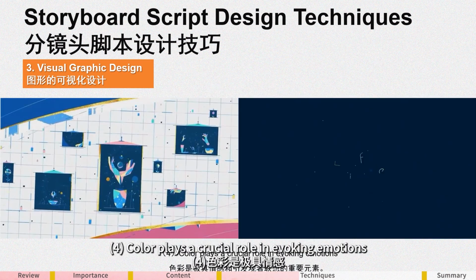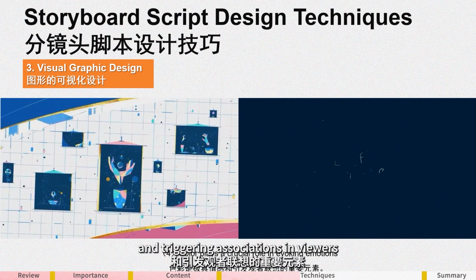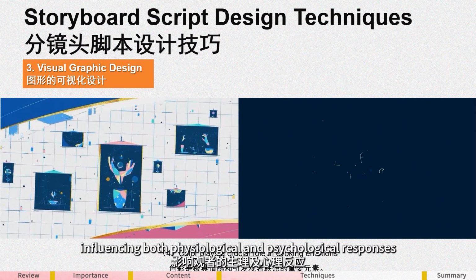Fourth, color plays a crucial role in evoking emotions and triggering associations in viewers. Our visual organs capture colors, and through visual neural pathways, our brains create associations tied to memories based on comparison and stimulation, influencing both physiological and psychological responses.